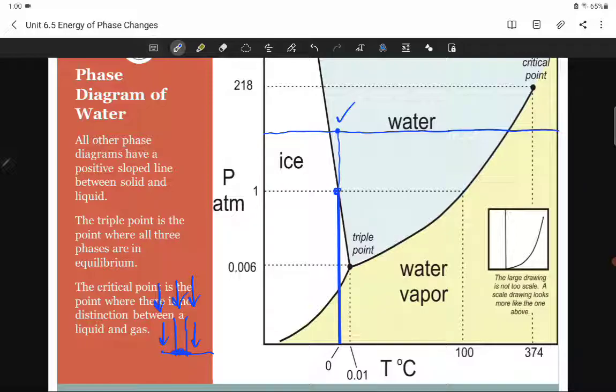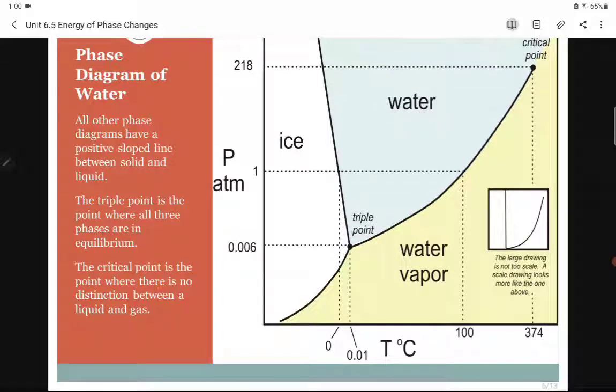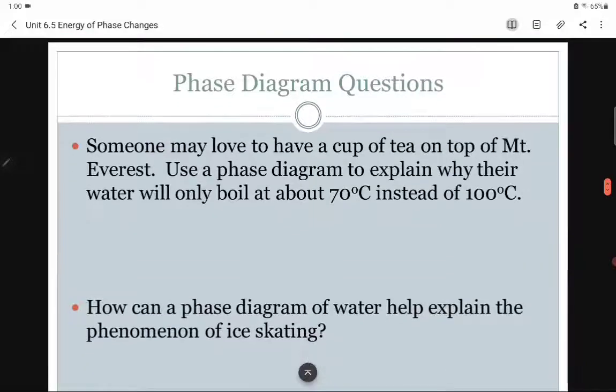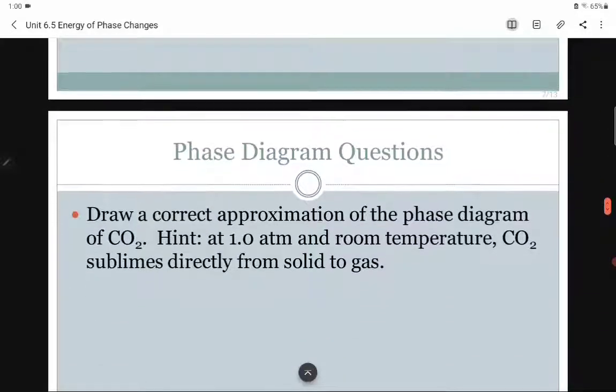Then as soon as your skate blade leaves, you return to 1 atmosphere and it re-solidifies. So that's kind of interesting. Of course, there's a little more physics to it than that, but at least we can relate this to a phase diagram. Let's see. I think we've already answered the Mount Everest question. We've already mentioned the ice skating question.